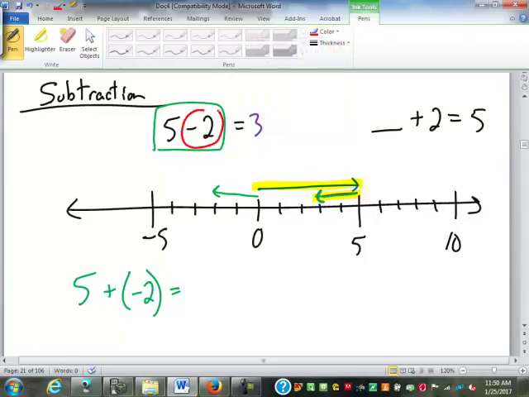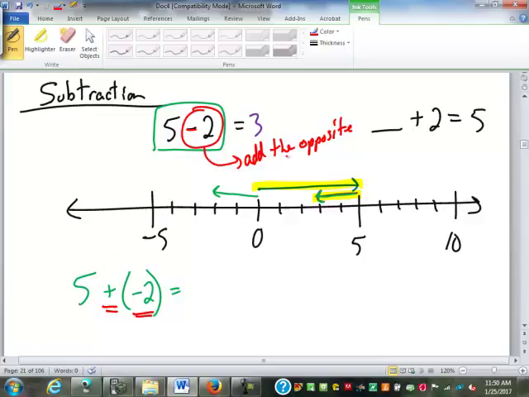This subtraction symbol, the operator, always works on the number that comes after it. Subtracting 2 is really saying add the opposite of that number that follows it. So adding the opposite of 2 is adding a negative 2.